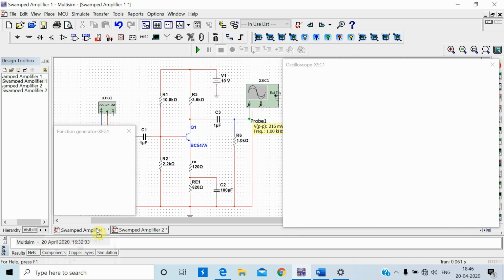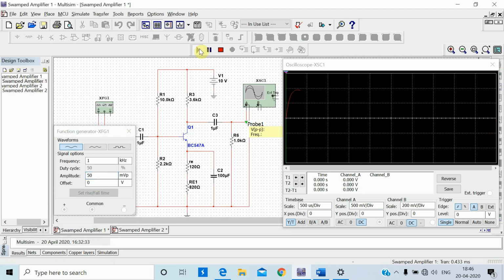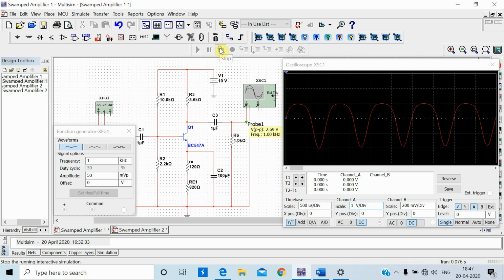Again the same thing we have to repeat for 50 millivolt peak, meaning 100 millivolt peak to peak. As we can see here, as it is not accommodated in the sheet, let us change the scale. Just stop the simulation. You can observe the peak to peak output voltage is 2.69 volt.